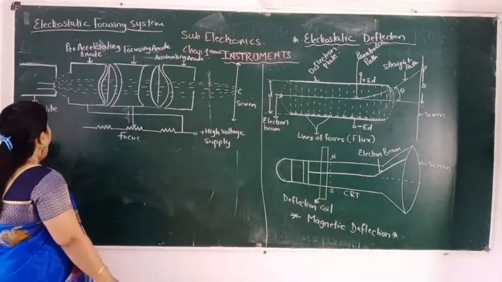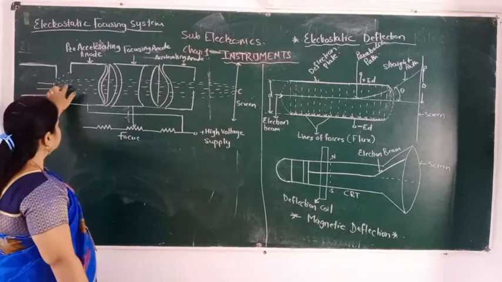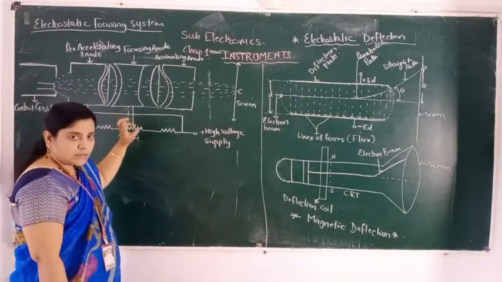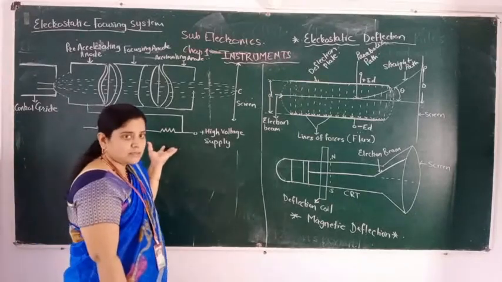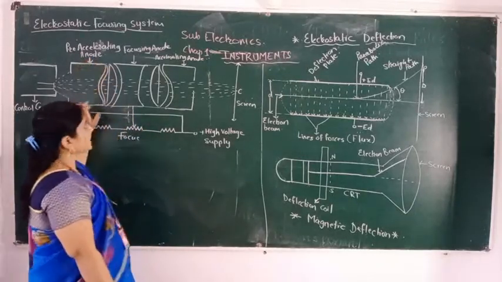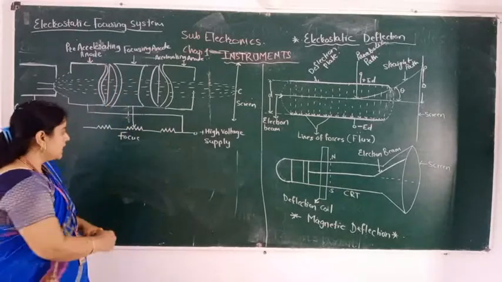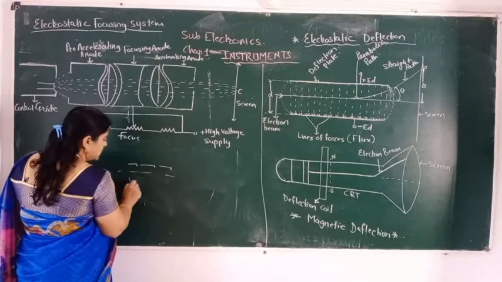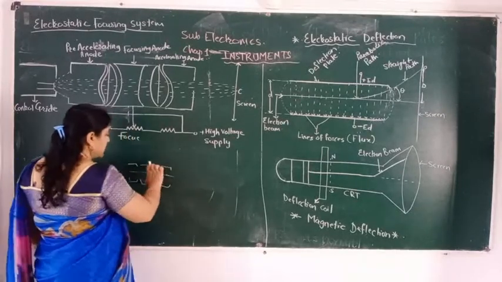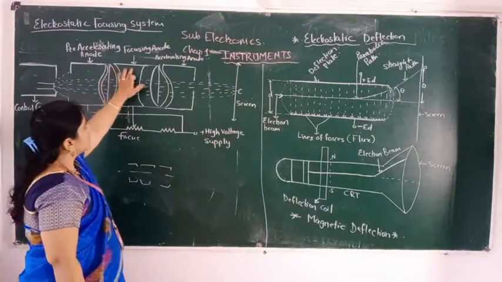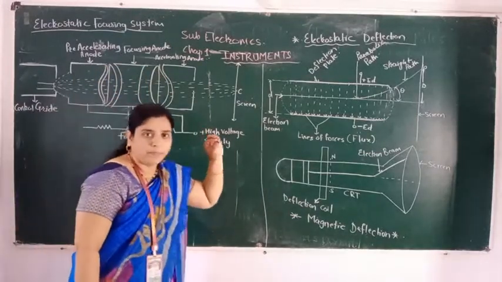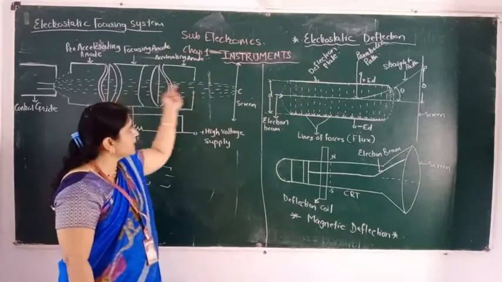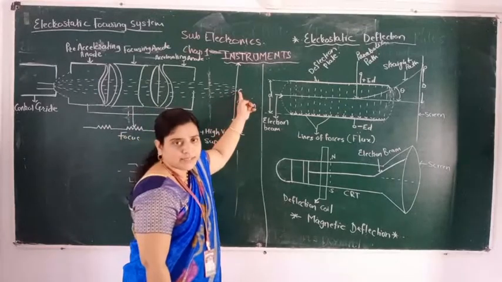So what happens is, when the electron beam flows in any direction, who will provide the path? Yes, the pre-accelerating anode and focusing anode that I have told you. Like this, there are 4 types of anode, and the accelerating anode and focusing anode provide the path to the beam to move in a straight line and strike on the screen.